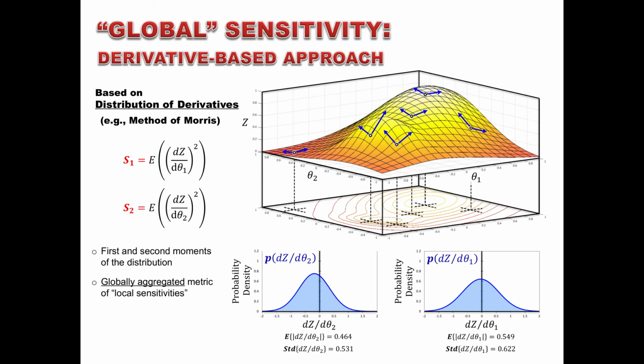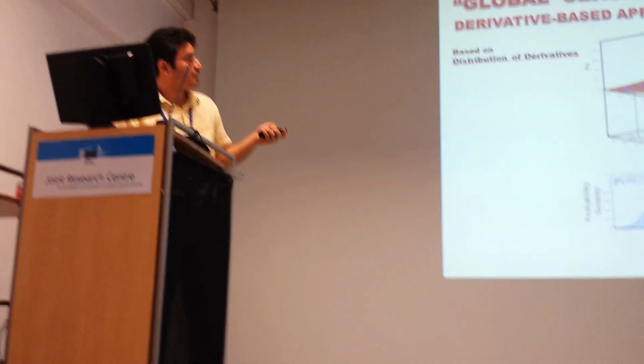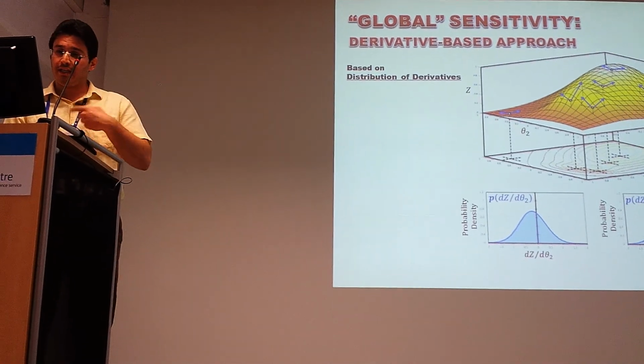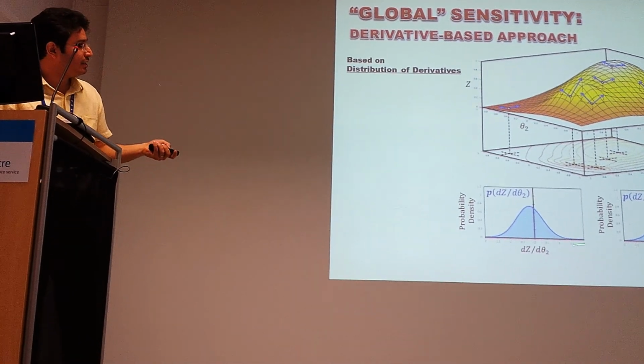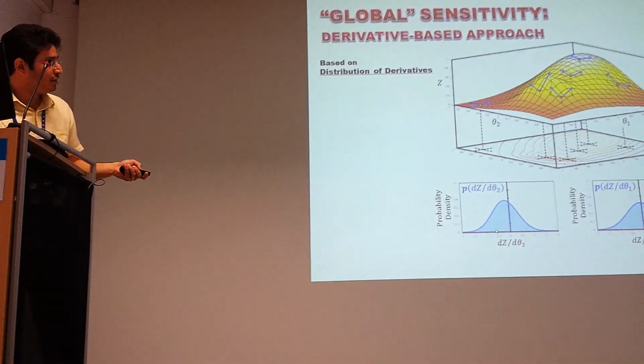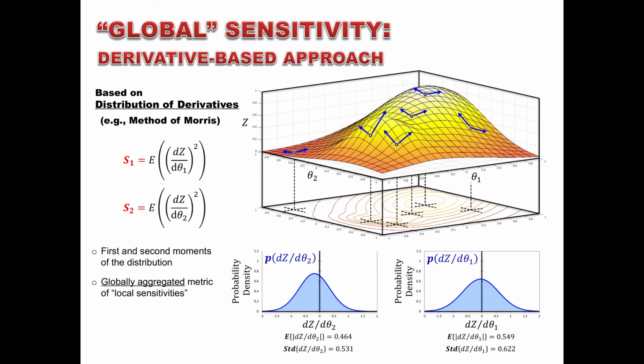So probably the most intuitive way of globalization is to do that local sensitivity analysis, but instead of doing that at one point, doing it at many different points, and then we are effectively dealing with probability distributions of partial derivatives with respect to parameters.